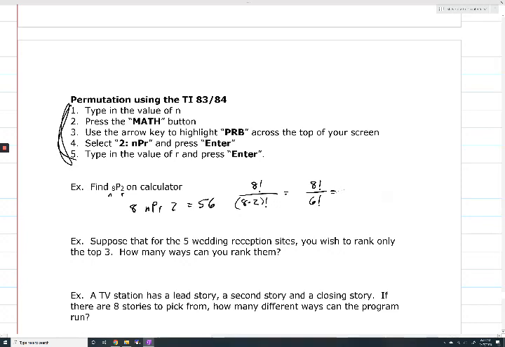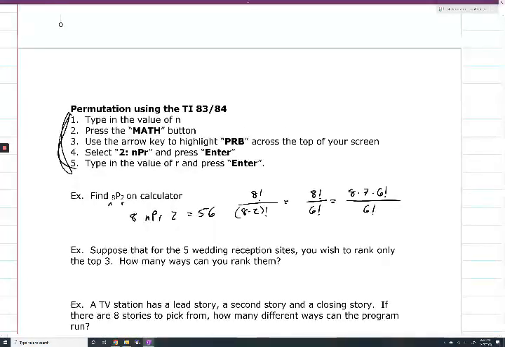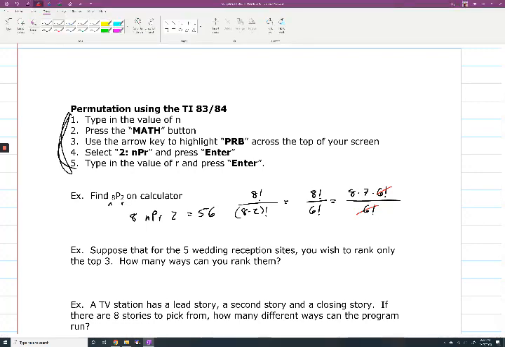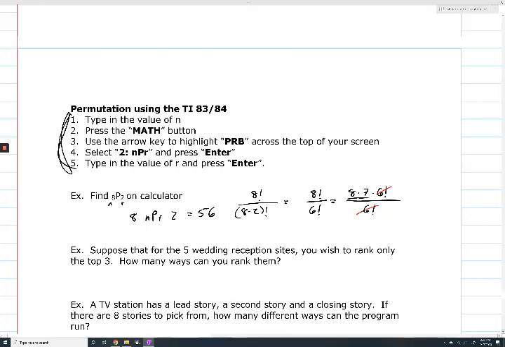And that is, 8 factorial is the same as 8 times 7 times 6 times 5 times 4 all the way down, but I can stop at 6 factorial. And the reason I'm going to stop at 6 factorial is because then it allows me to cancel those 6 factorials out, and I'm left with a nice, neat, easy to find numerator of 8 times 7. And that's 56.